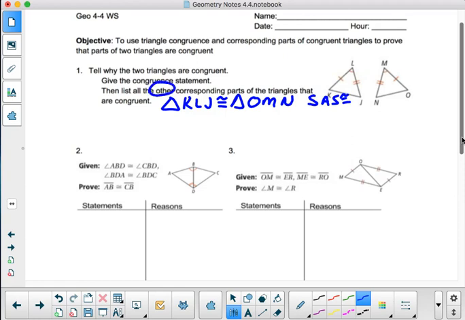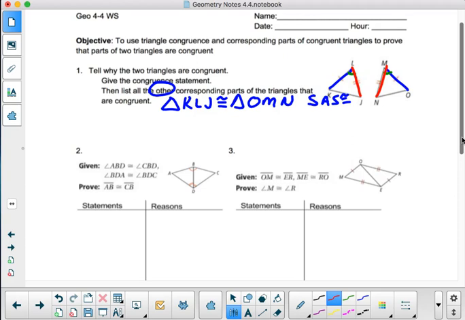Now, I already know that KL and MO are congruent, and I know that angle L and angle M are congruent, and I know NM and JL are congruent.